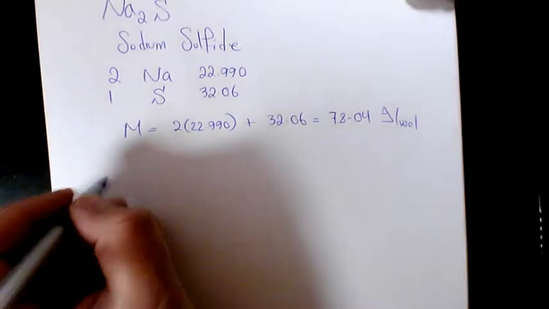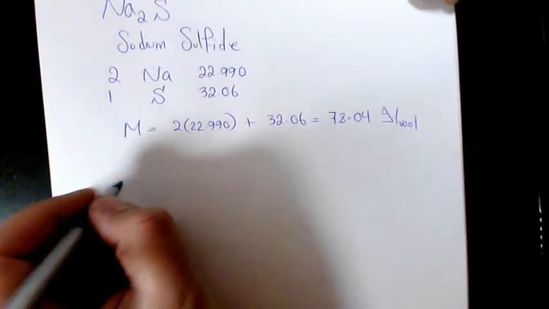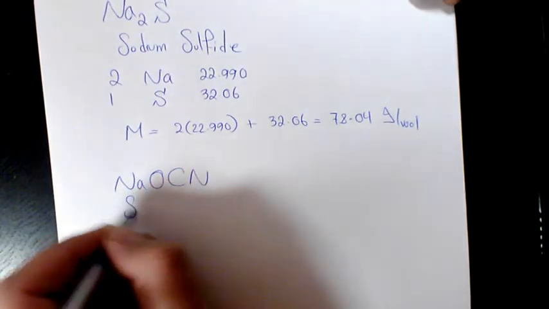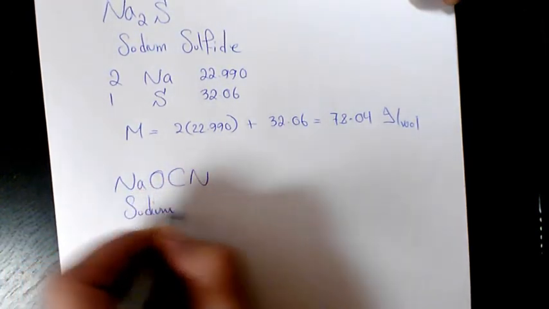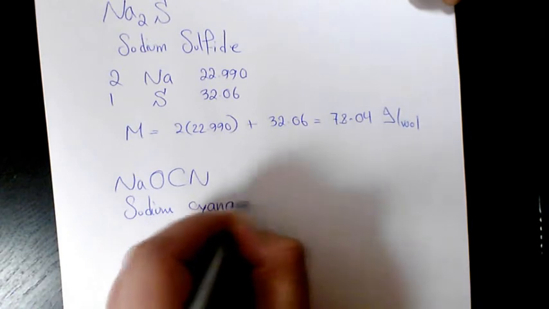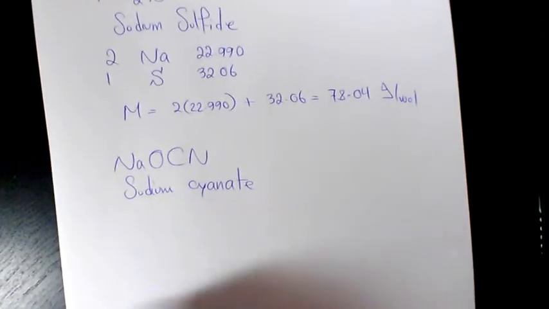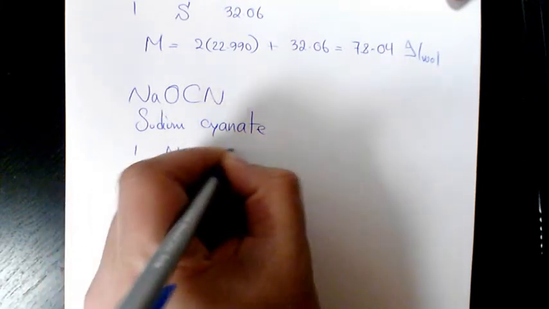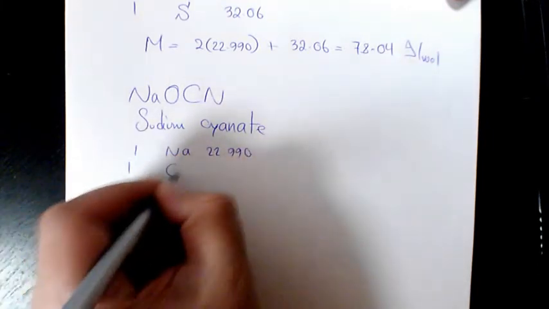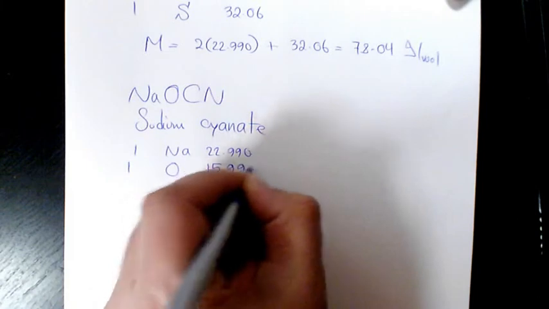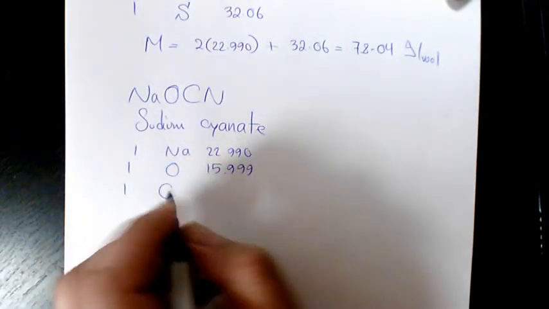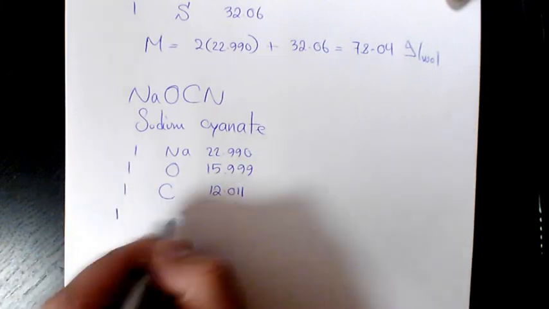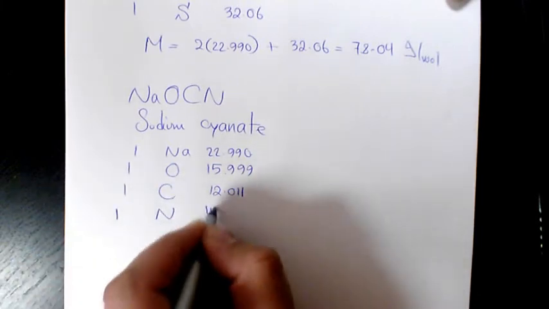Next one is NaOCN, which is called sodium cyanate. So we have one atom of sodium, 22.990, one atom of oxygen, 15.999, one atom of carbon, which is 12.011, and one atom of nitrogen, 14.007.